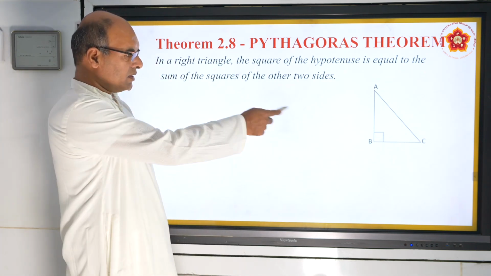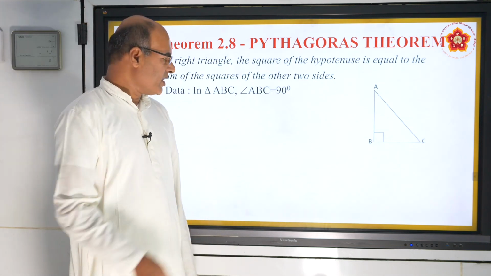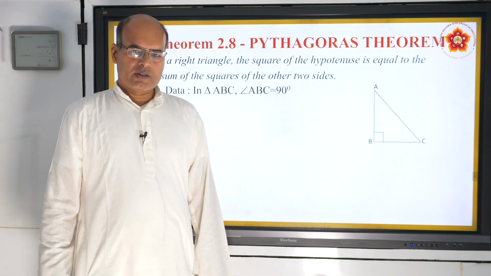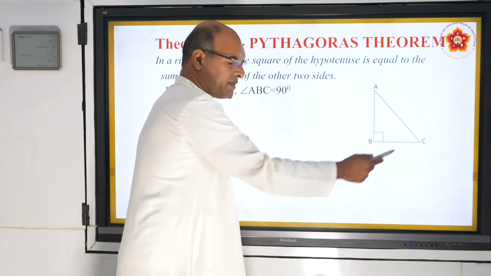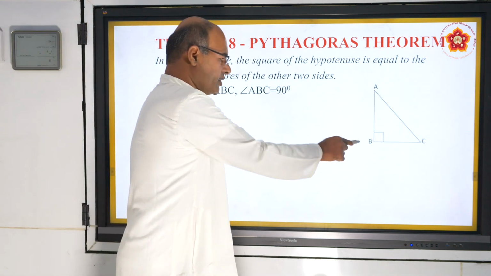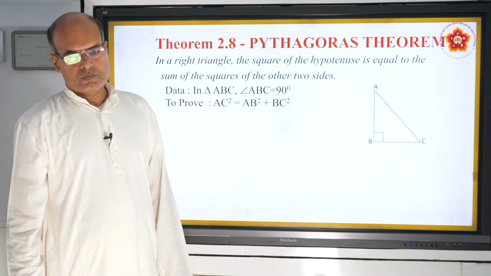So data, that is the explanation of the figure: triangle ABC is right angled because angle B is 90 degree. We have to prove that the square on the hypotenuse, the side opposite to the right angle, AC square, is equal to the sum of the squares on the other two sides, that is AB square plus BC square. That we have to prove.